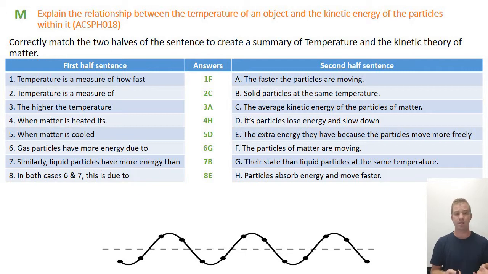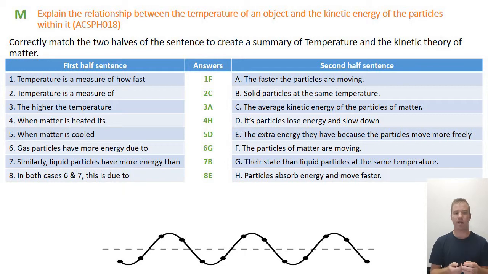The temperature is a measure of the average kinetic energy of the particles of matter. The higher the temperature, the faster the particles are moving. And when matter is heated, the particles absorb energy and move faster. When matter is cooled, its particles lose energy and slow down.